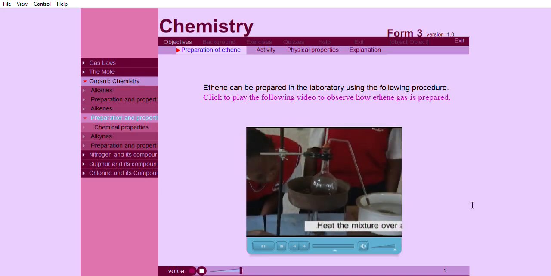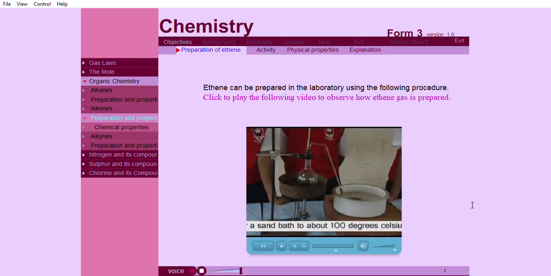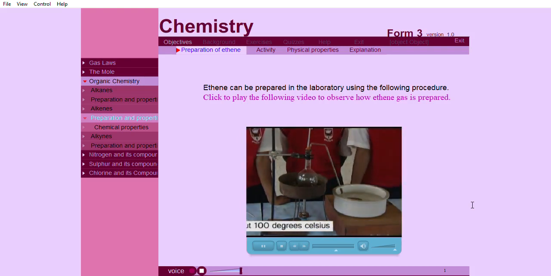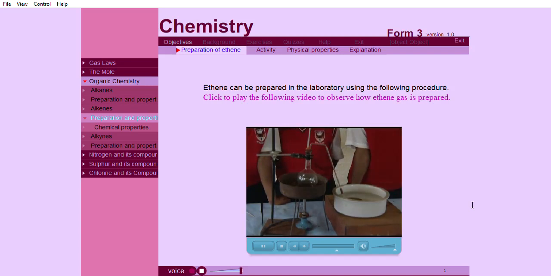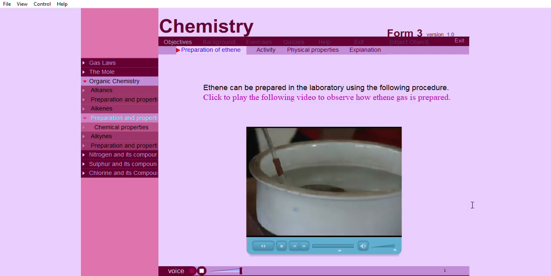Heat the mixture over a sand bath to a temperature of about 100 degrees Celsius. Allow the gas to escape from the delivery tube for a few minutes and then collect.